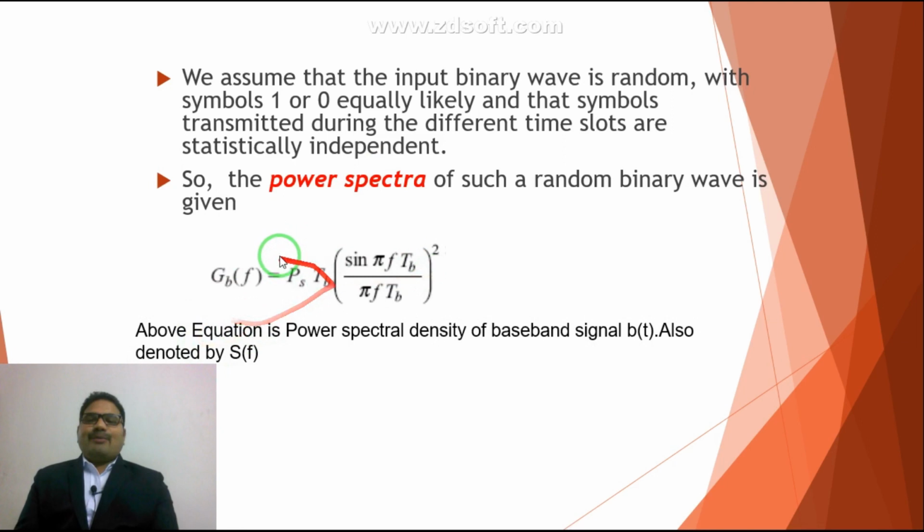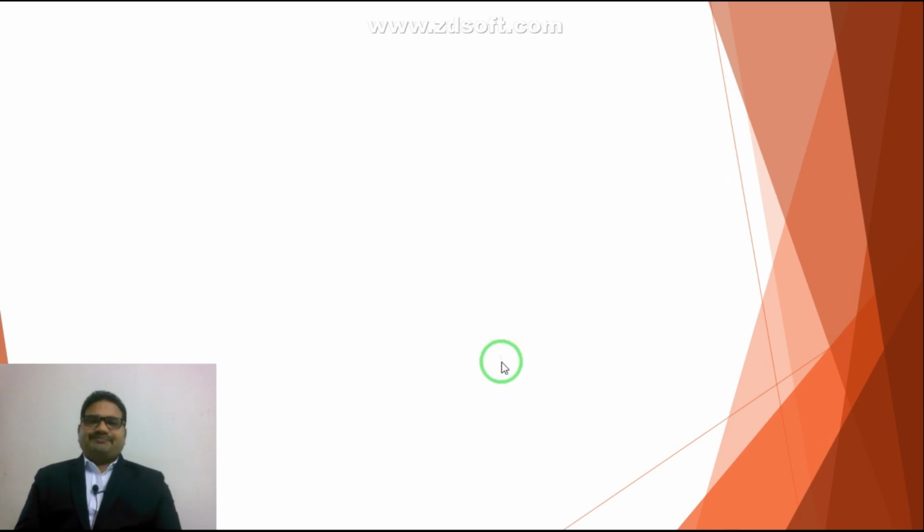And this above equation is nothing but the power spectral density of your baseband signal b of t, which is also denoted by S of f. In a few books it could be denoted as S of f or GB of f, which is one and the same, nothing but the power spectral density of your signal.